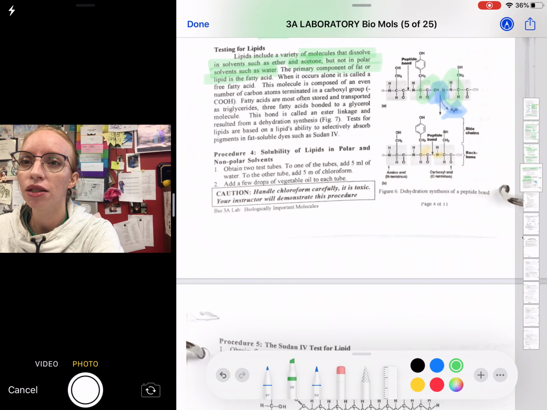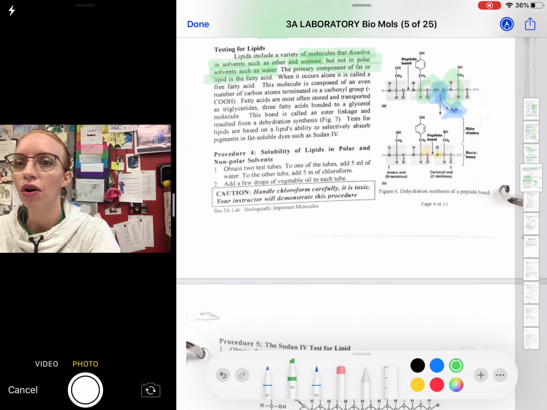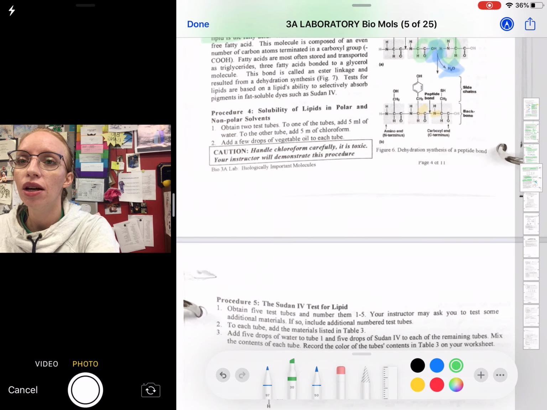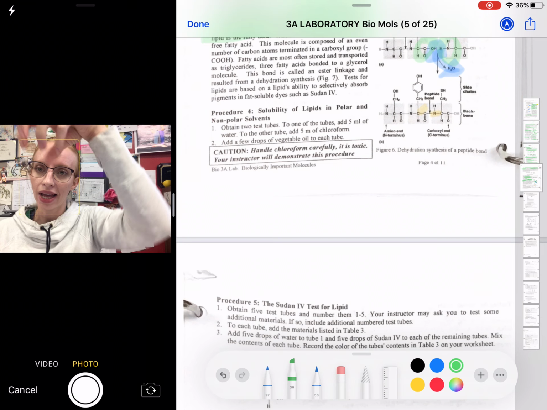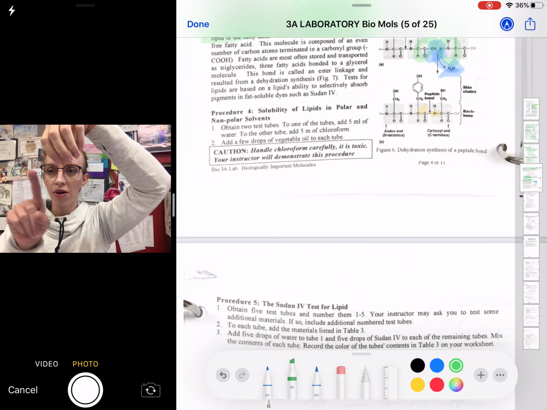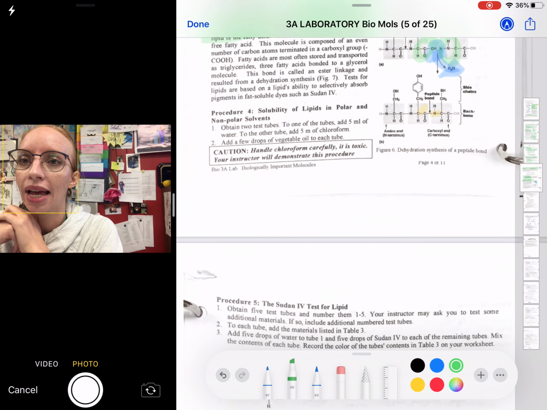Three fatty acids are bonded to glycerol. When they bond to a glycerol, it makes an ester bond, and it looks like a head with a bunch of carbon-hydrogen tails hanging off of it.